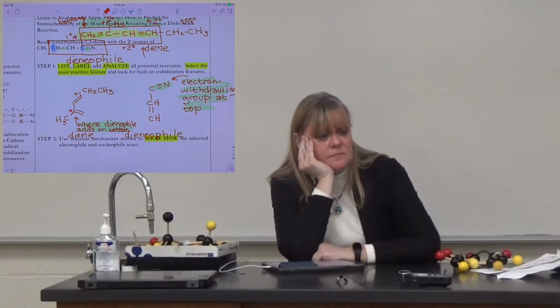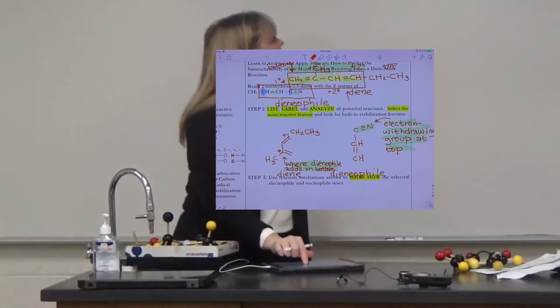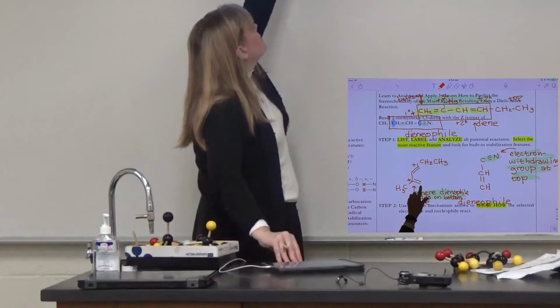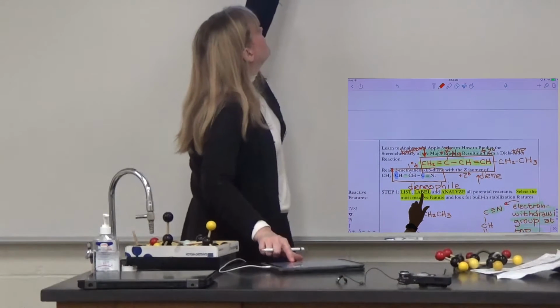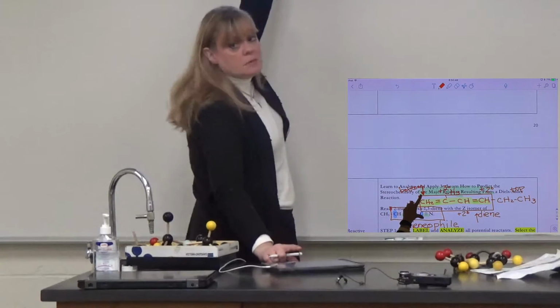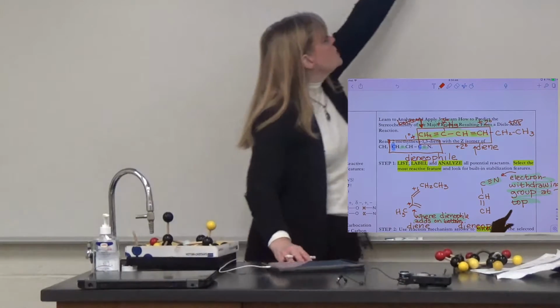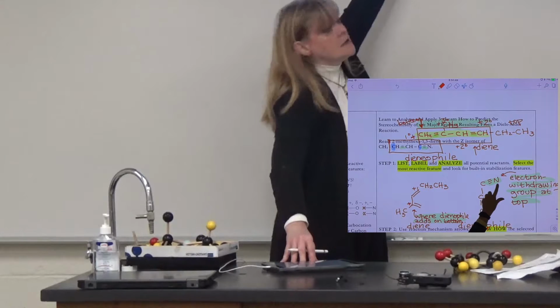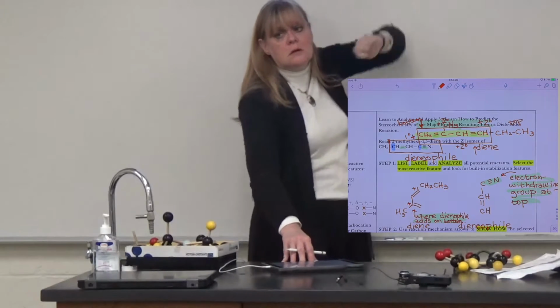I'll put where I'm going to add the diene at the bottom. In other words, this interpretation up here, put that at the bottom. Put the electron withdrawing group of the dienophile on top. It'll be nitrogen or oxygen generally.